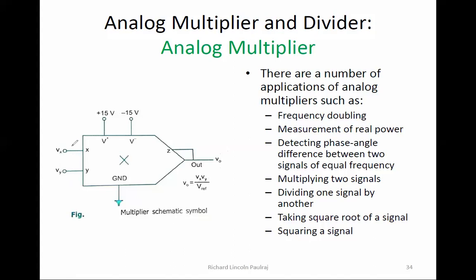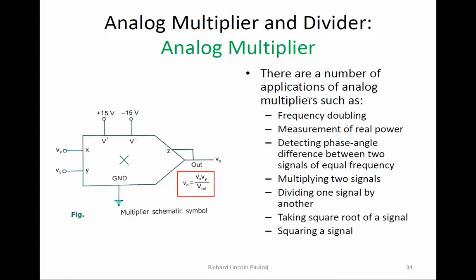Whatever inputs you have here, X and Y, are going to be multiplied, and you are going to have a reference voltage called Vref. So your formula for the output is going to be V naught is equal to Vx into Vy divided by V reference. So you can see that it's actually a multiplying factor here. The voltages between the terminals X and Y are getting multiplied.